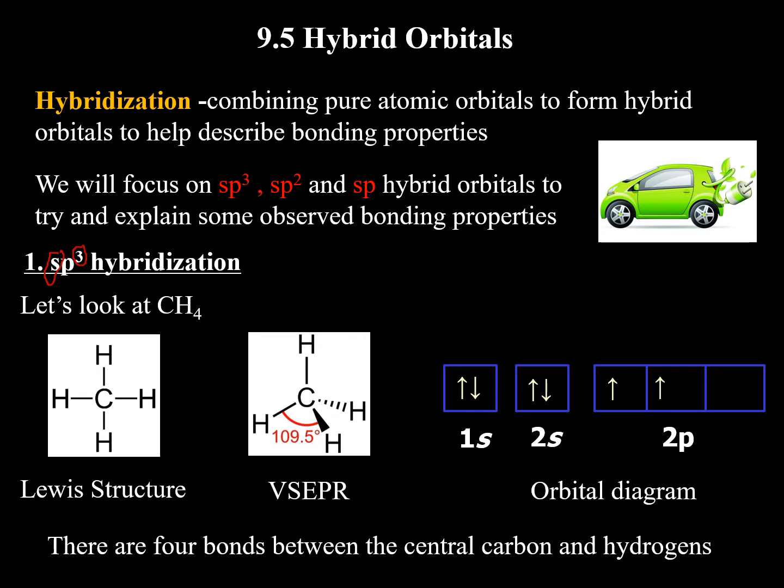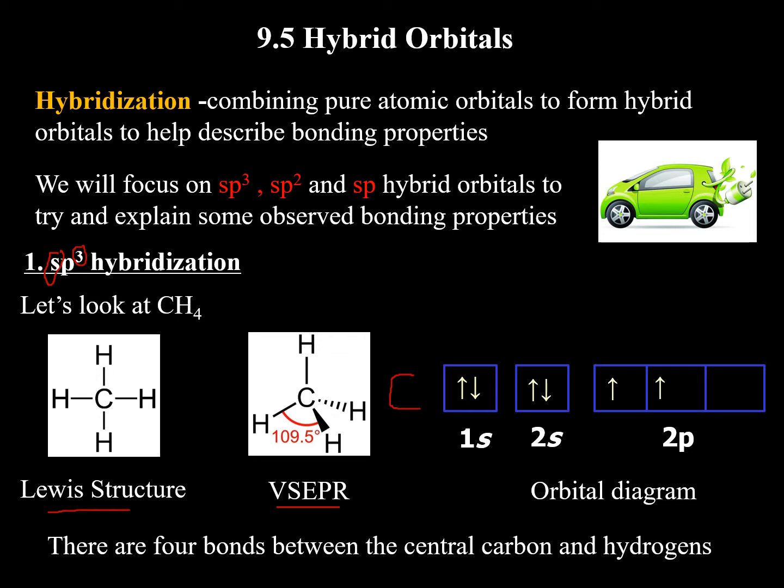Let's look at the structure CH4. This is the Lewis structure, if you recall. It has 8 valence electrons in total. We know from VSEPR the angles are 109.5. If we focus on the carbon in this molecule, the central atom, we have 1s2, 2s2, and 2p2. VSEPR and the Lewis structure show that there are 4 bonds.